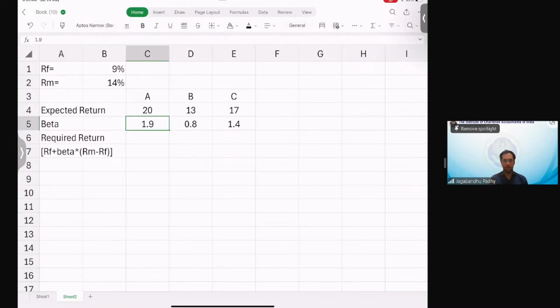So apply these RF, RM, and beta values and give me the required return numbers for all 3 stocks.